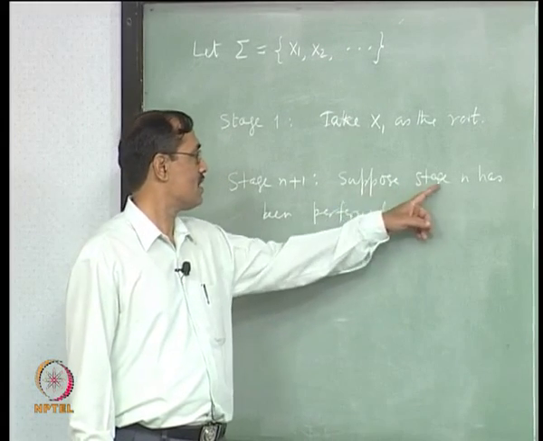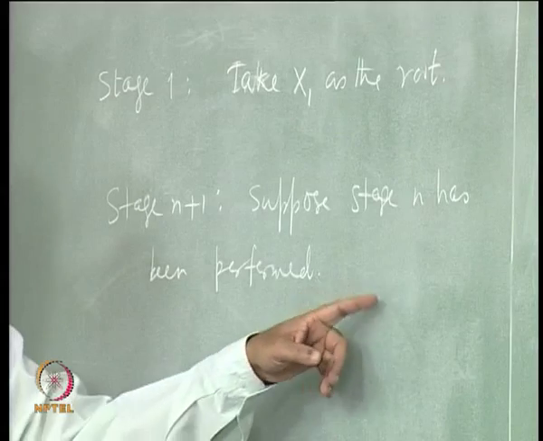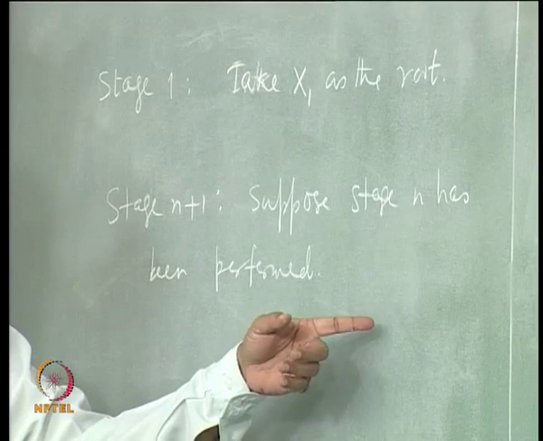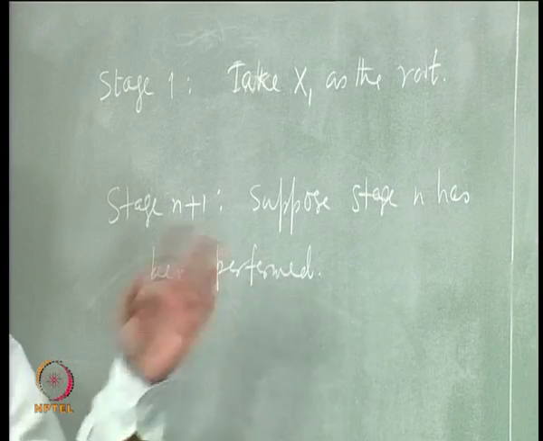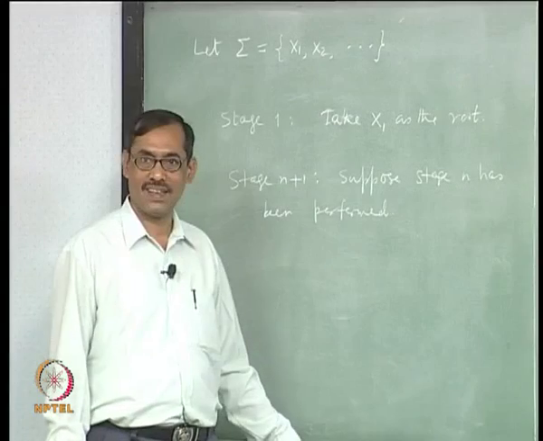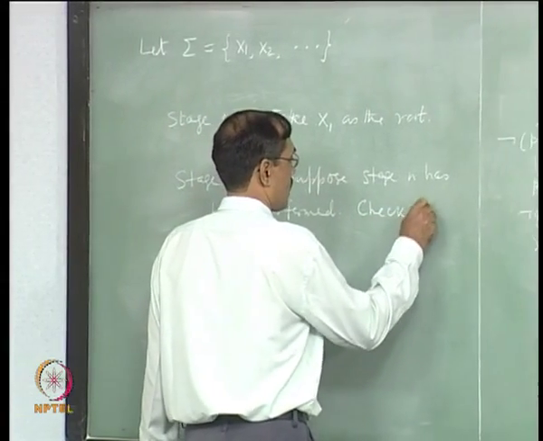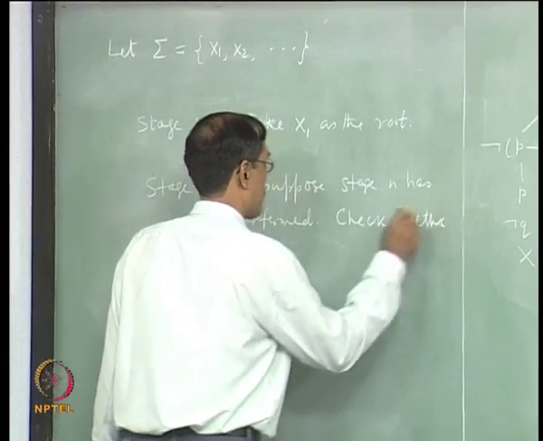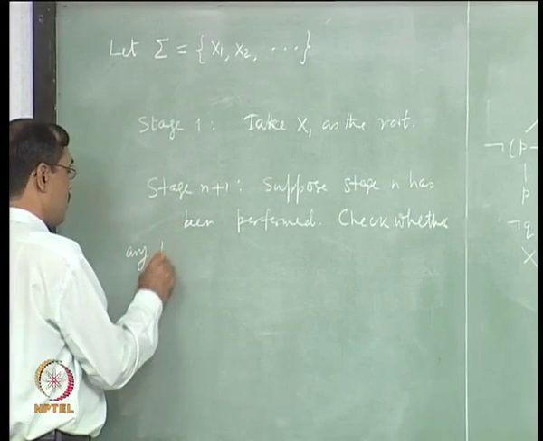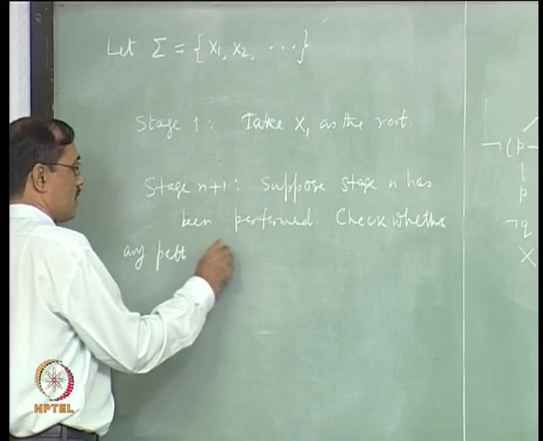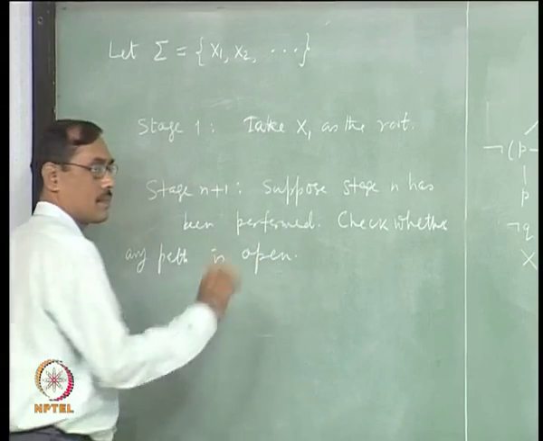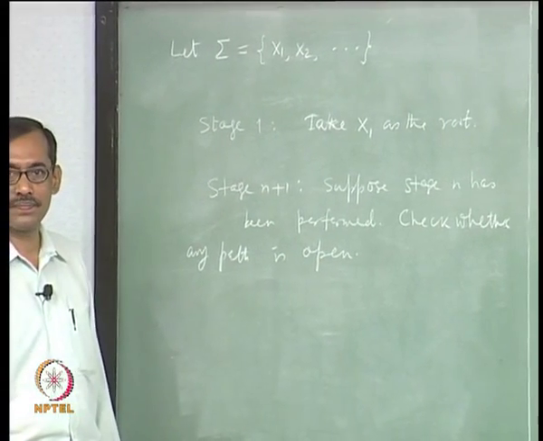Then, stage n has been performed; first you have to check after this whether any path closes. If it closes, you do not have to do anything, right. So, first check whether any path is open. That is the first thing to do.